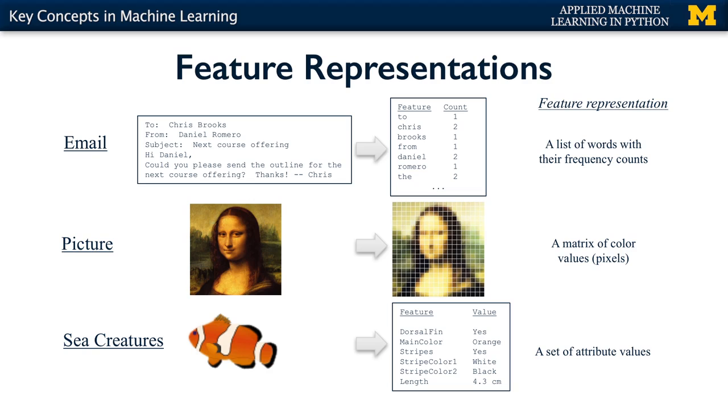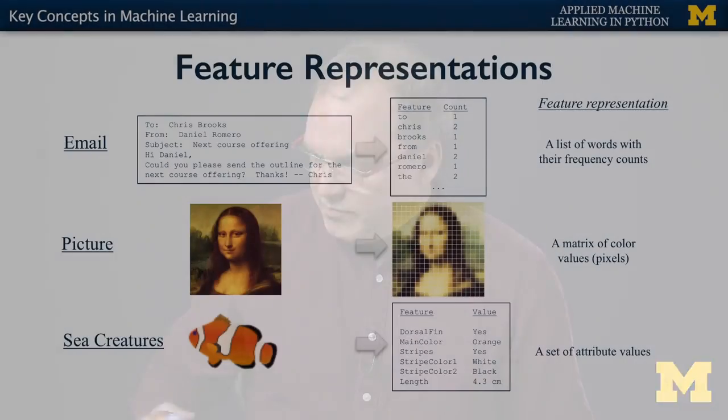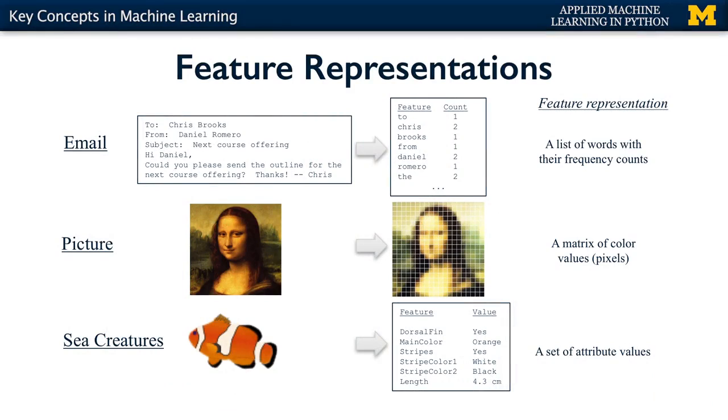A picture might be represented by a matrix of color values for the pixels that make up an image. A piece of fruit, like this apple, could be represented by its color, its shape, its texture, and so forth. So these attribute values for an object are called features. You can think of the input data containing this feature representation as the input to your function.